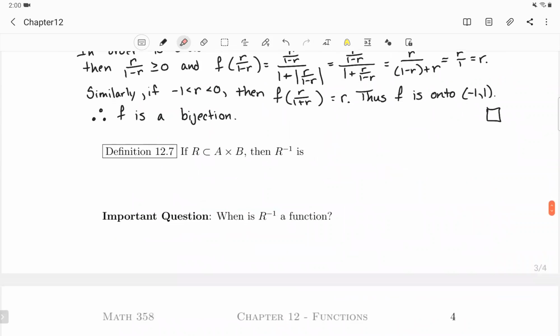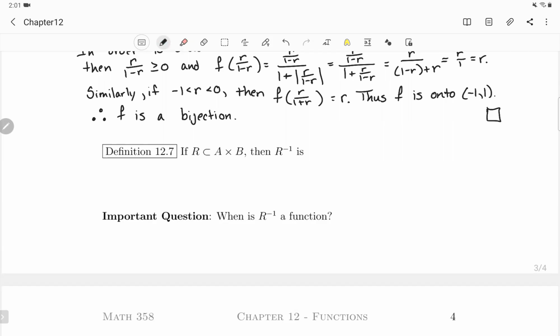There's one more major idea we need for this section. It's to talk about inverse functions. You've heard of these before. You've been told e to the x and natural log are inverses. When you were in Cal 2, you did sine inverse of x. So you've seen these, but let's get the technical definition.